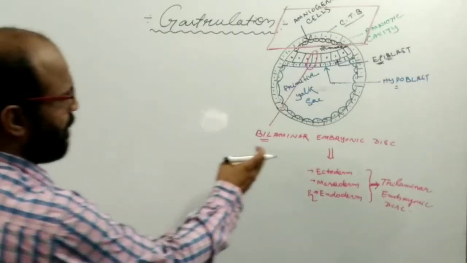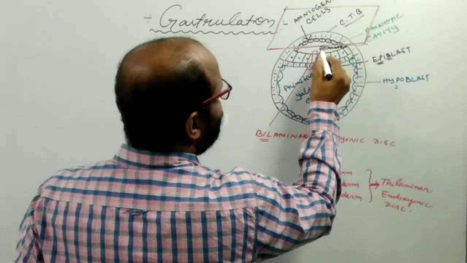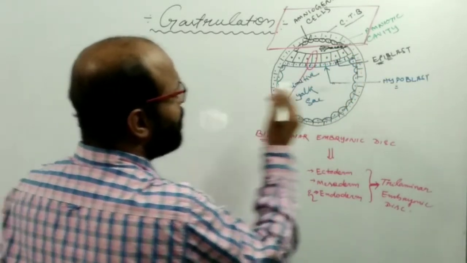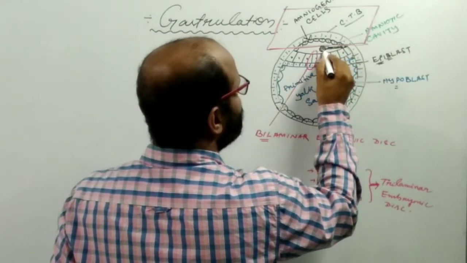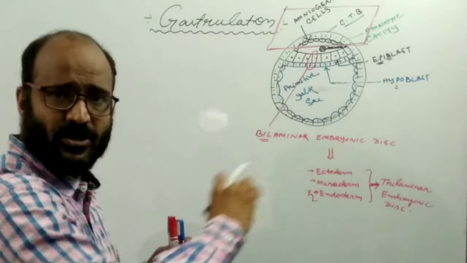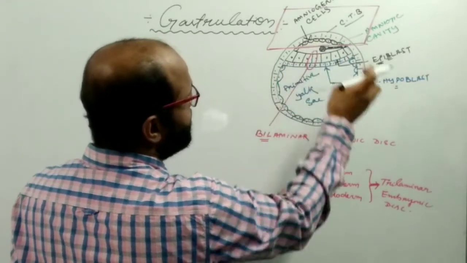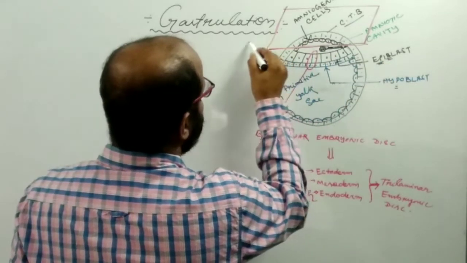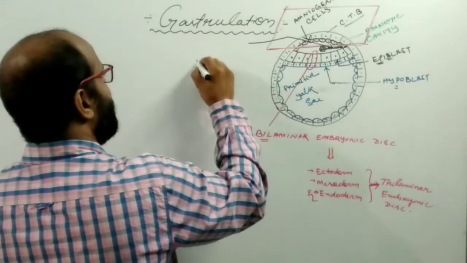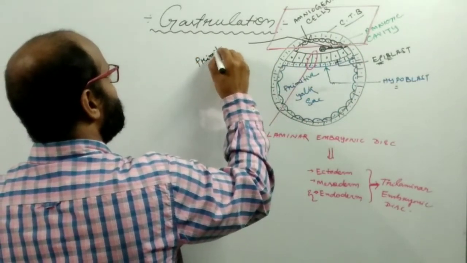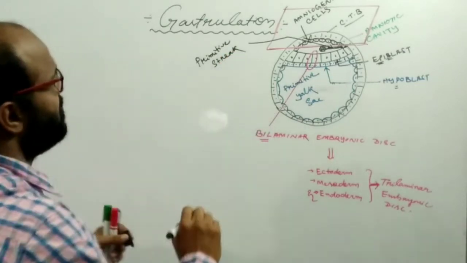After the formation of the bilaminar embryonic disc, there is a thickening of the surface of the epiblast cells, which forms a ridge-like structure that goes up to the middle of the epiblast disc. This is known as the primitive streak.